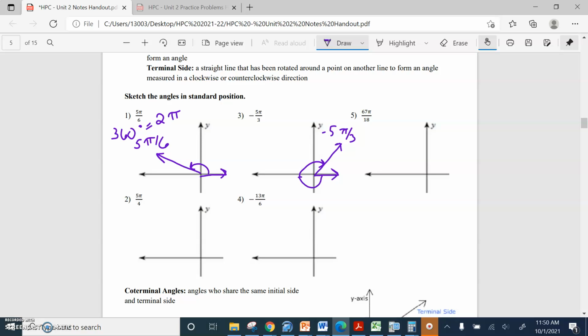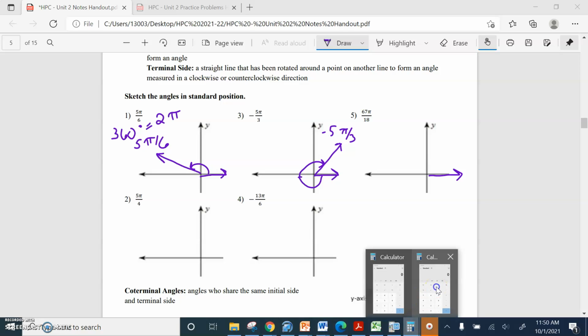Let's do 5 as well. We'll get to 2 and 4 in a minute, but 1, 3, and 5 I like because they all have very different aspects that we can learn from. So again, start with that initial side. Now 67 pi over 18, that is a big number. We can get our calculator out here.